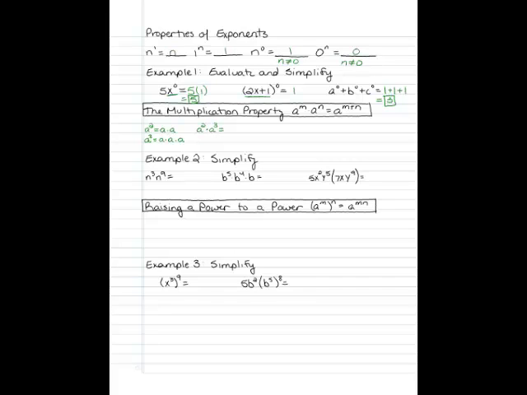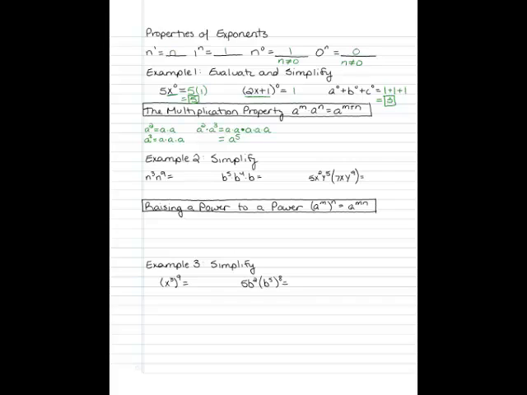Now writing this out in expanded form, a squared was a times a, times a cubed was a times a times a. Putting this together, you have a multiplied by itself 5 times, so that would be a to the 5th.